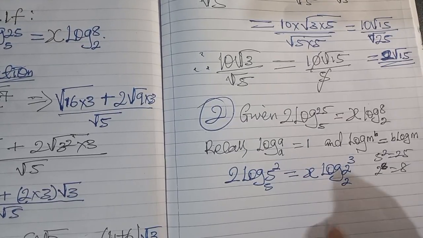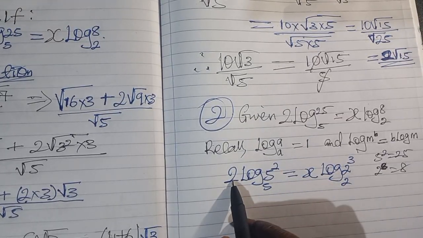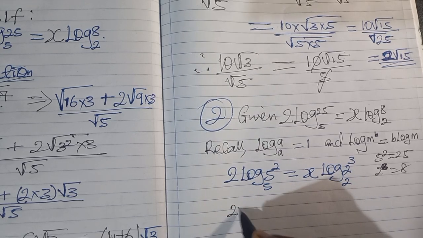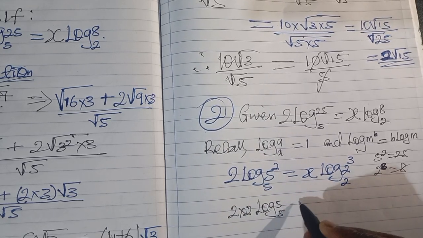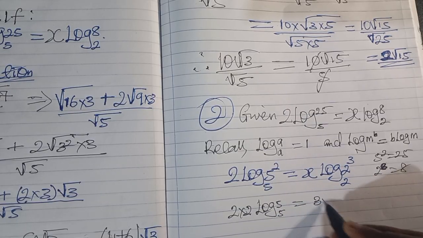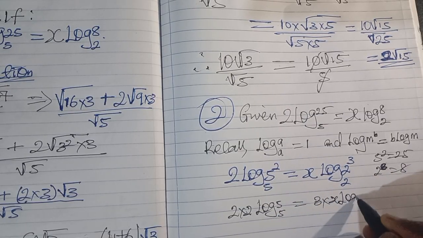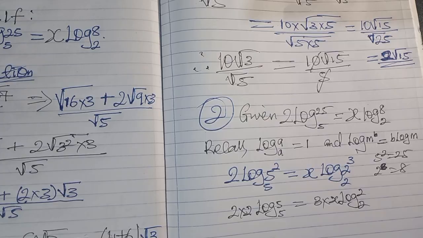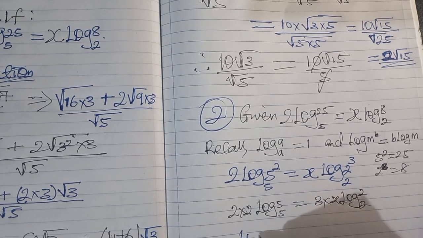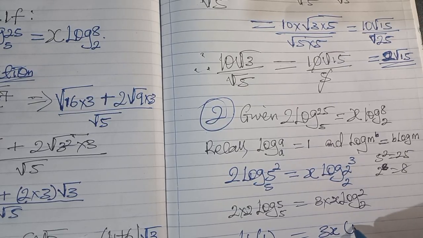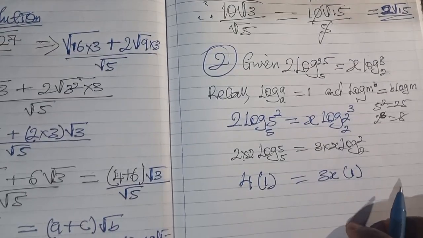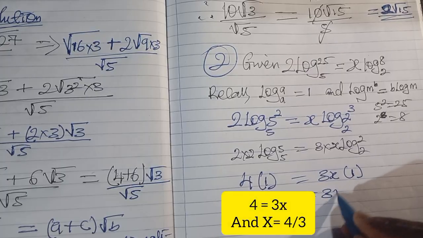Good. So now we multiply these. We can now have 2 times 2 log 5 base 5 is equal to 3 times x log 2 base 2. So that I can have 4 bracket, log of its own base is 1, is equal to 3x bracket 1. Okay, so we have 4 is equal to 3x.